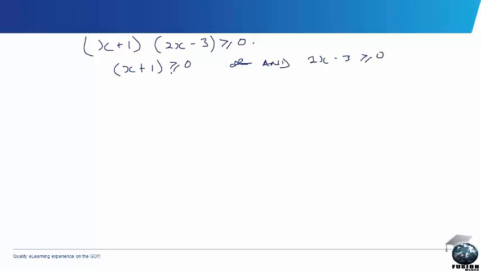So how do we get along with this? This makes us subtract from both sides, so this gives x is greater than or equal to minus 1.